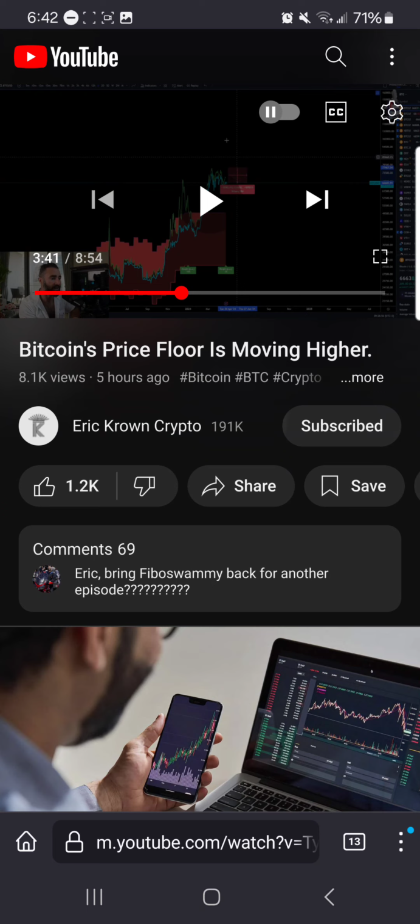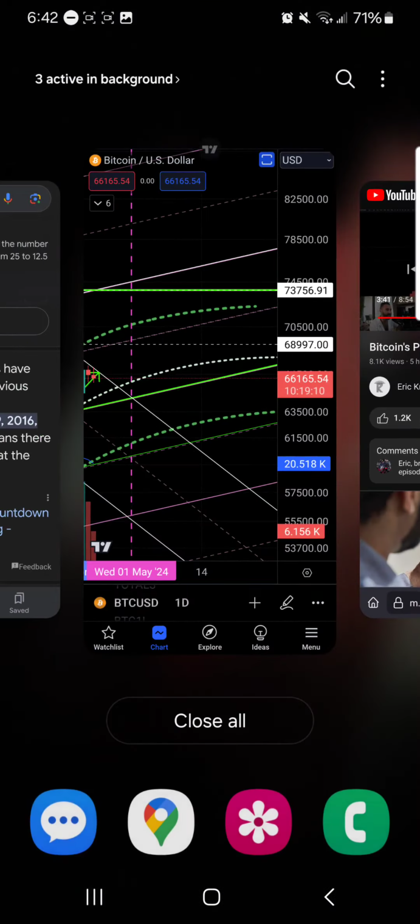So that falls in line with my theory too, that if we are going to see any downward price action, it's going to be this weekend, and it'll be the last time probably. So check that out.